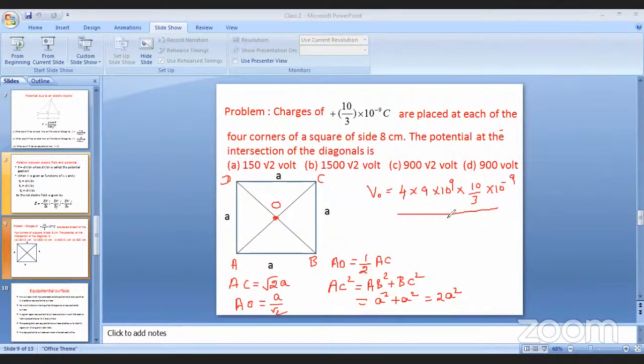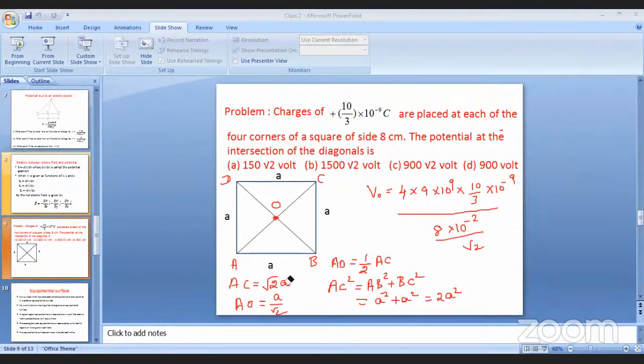A is the side of the square, that is 8 centimeter, so 8 into 10 power minus 2 divided by root 2. You can take root 2 to the numerator and this 3 to the denominator.